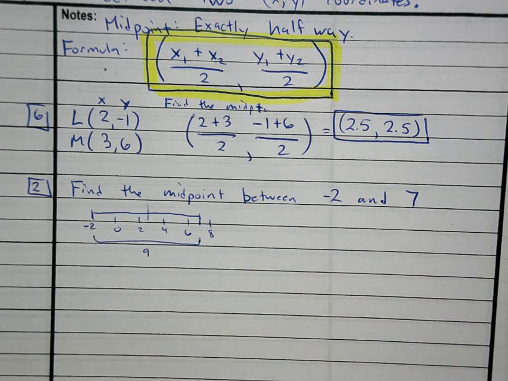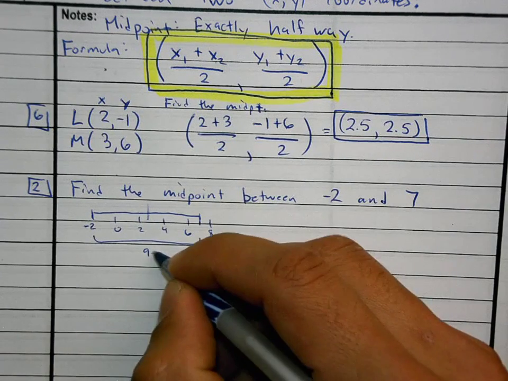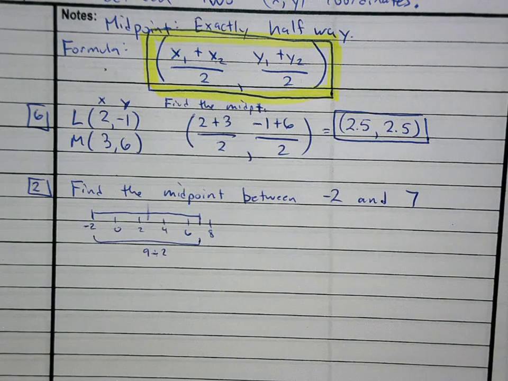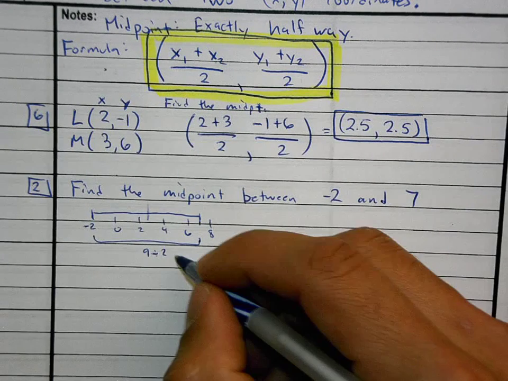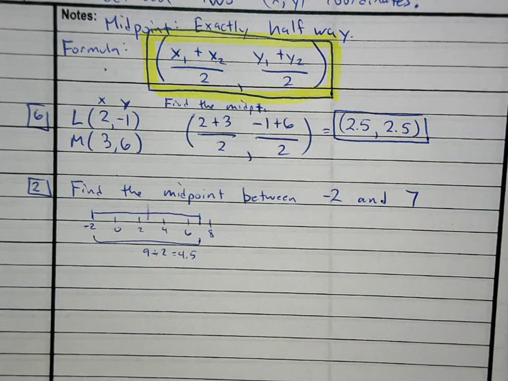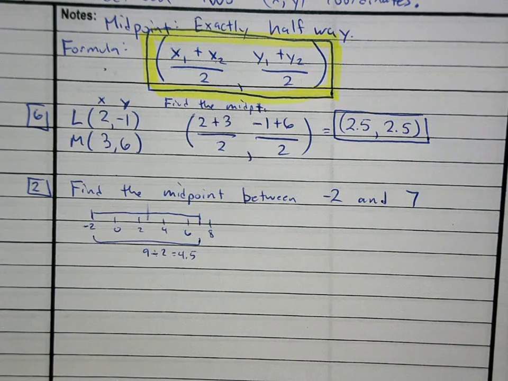And then I have to cut that into 2 equal pieces. I would divide that by 2. And guess what that is? That's 4.5. That's the distance from the right side to the midpoint, and that's the distance from the left side to the midpoint. This is the complicated way, by the way.